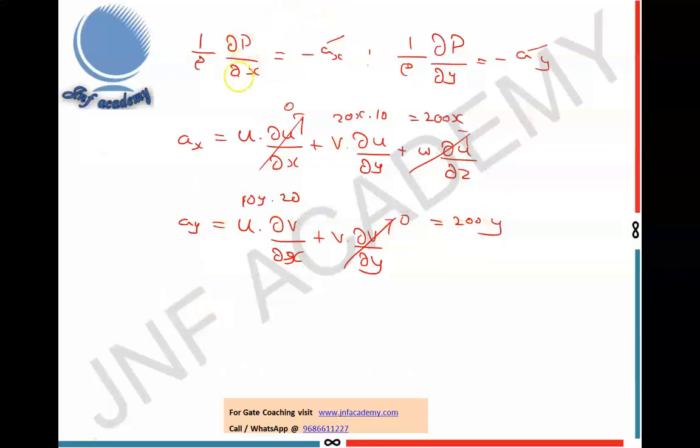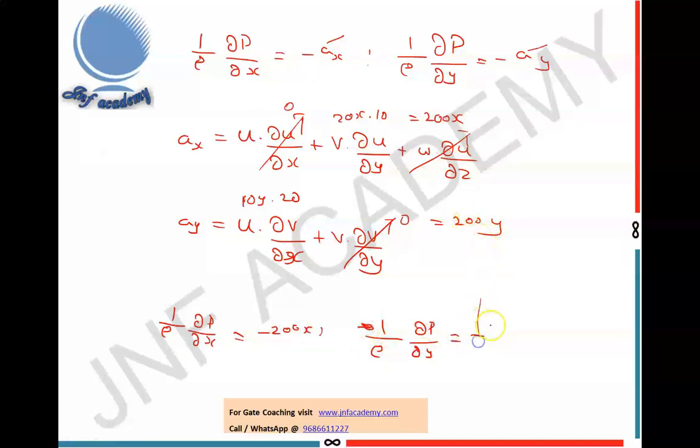So now let's equate this here. 1/ρ ∂p/∂x is equal to minus ax. What is ax? 200x. So it will become minus 200x. Similarly, 1/ρ ∂p/∂y is equal to minus ay. ay is 200y, so minus 200y.